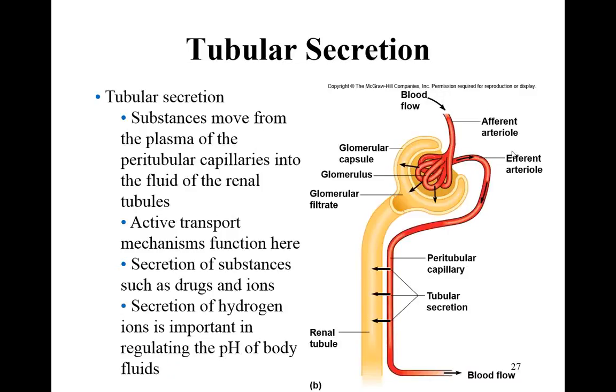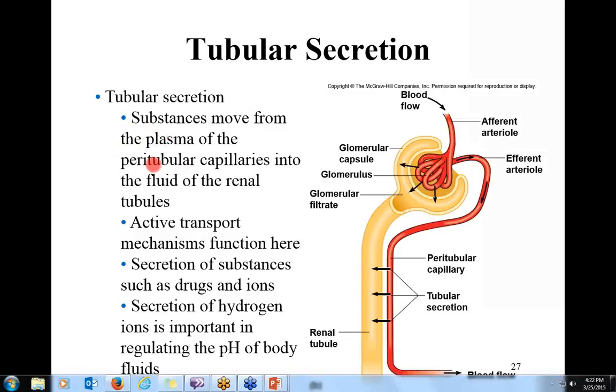Tubular secretion, the mechanisms that drive that. Again, tubular secretion is when molecules re-enter the nephron from the capillaries. Active transport is the main mechanism of function here. And again, what's usually secreted? Drugs and ions, particularly hydrogen ions.